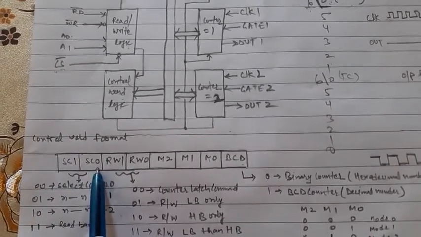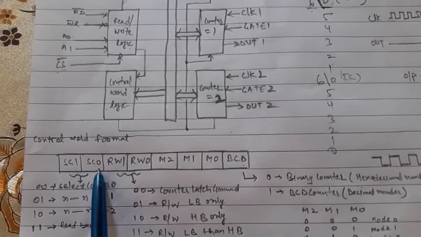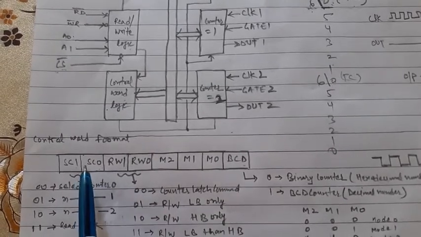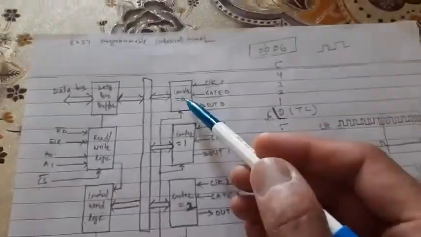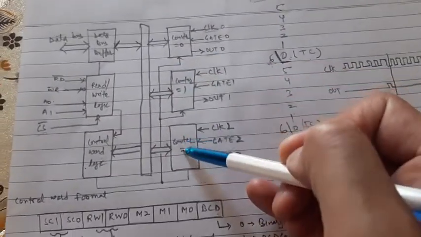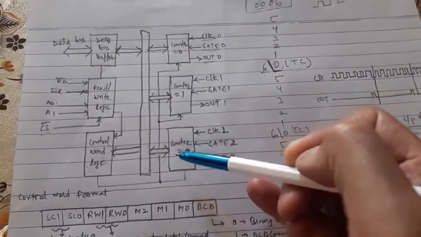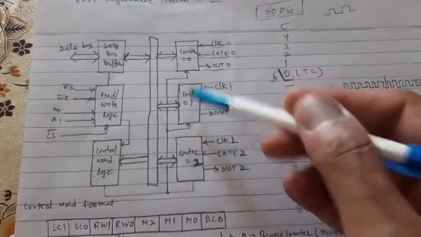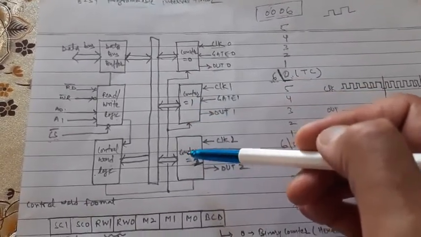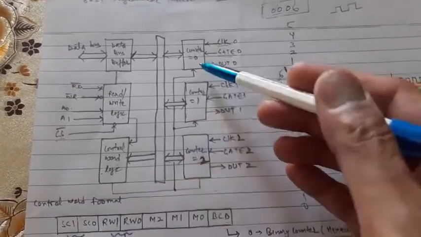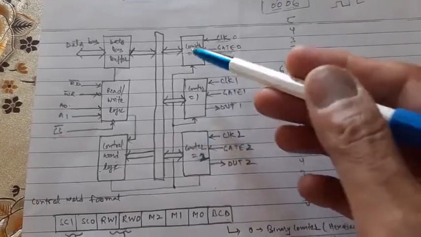These are the select counter bits, and as we are having 3 counters, see here in the architecture, we require 2 bits to select one of them. So through these 2 bits we can select any one counter out of these 3 available counters.